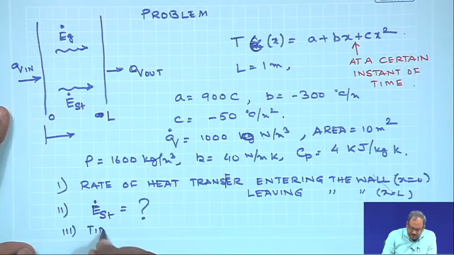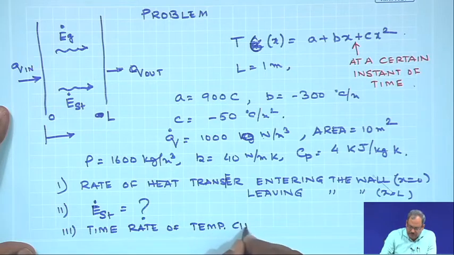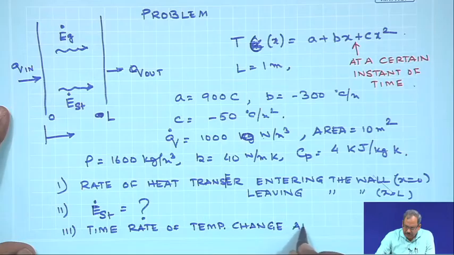And the last part is what is the time rate of temperature change at x equals 0, x equals 0.25 and x equals 0.5 meters.